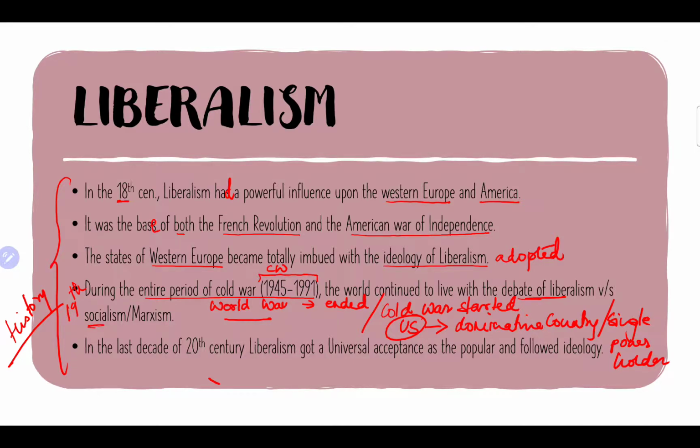Thereafter, after the end of the Cold War, numerous countries started to debate upon the different political ideologies to be followed, either liberalism, socialism, or Marxism. In the last decade of the 20th century, liberalism got universal acceptance as the popular and followed ideology.